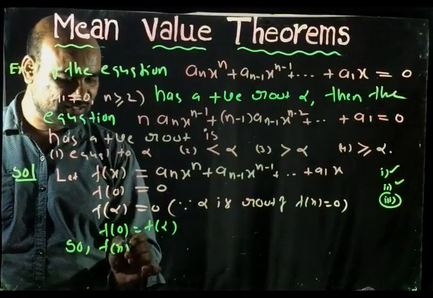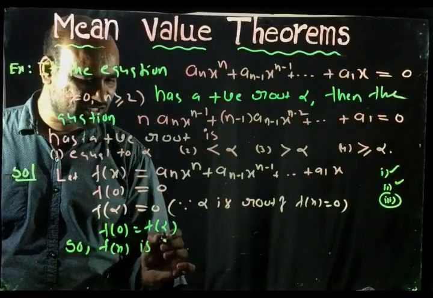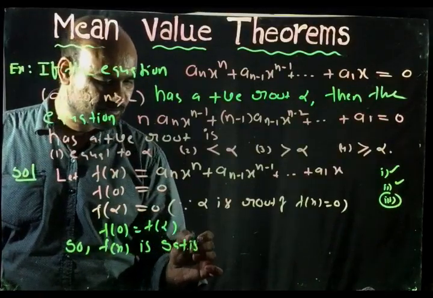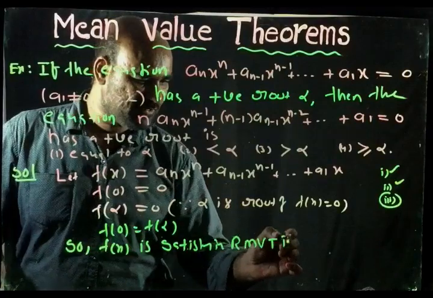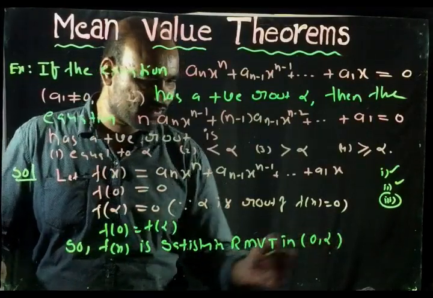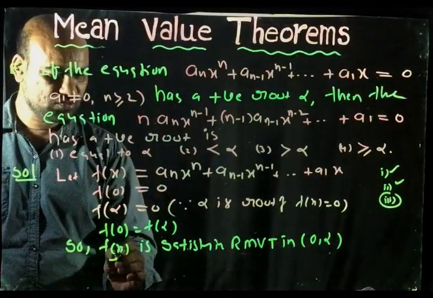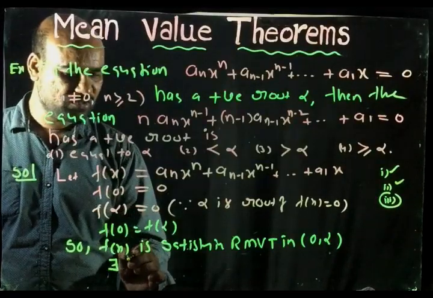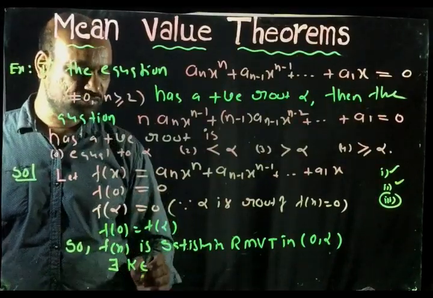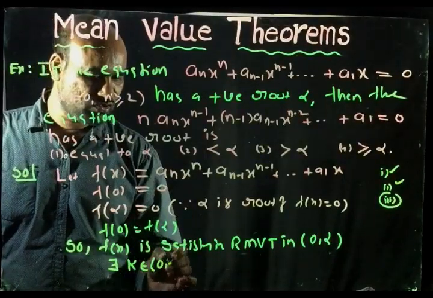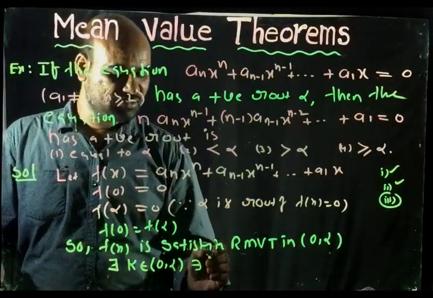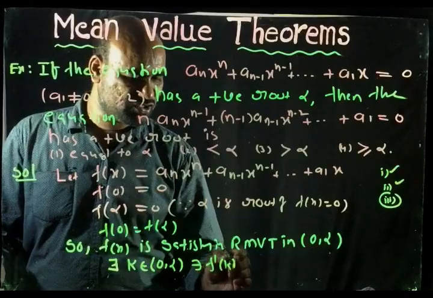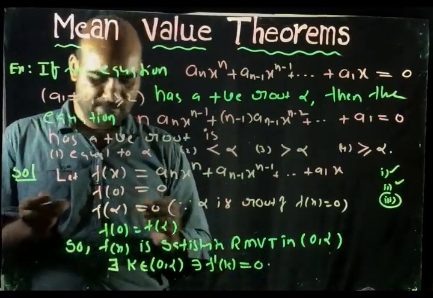So f(x) is satisfying RMVT in the interval 0 to alpha. So there exists k belonging to (0, alpha) such that f'(k) equal to 0.